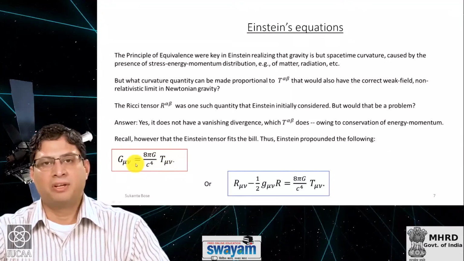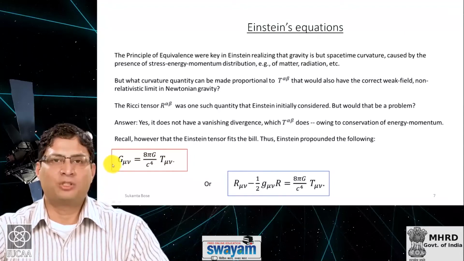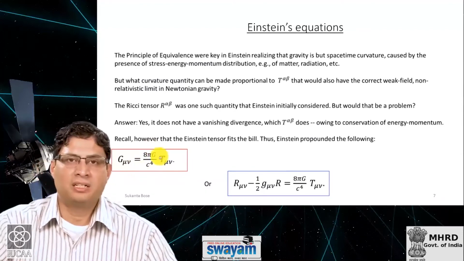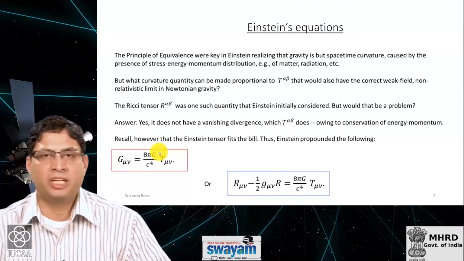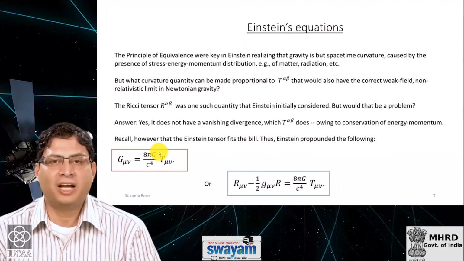If you prefer raising these indices, then you can do that consistently by applying the inverse metric twice on both sides. Okay. Now, the proportionality factor here is something I have just taken out of the hat, like a magician takes out a rabbit, but that is fine.